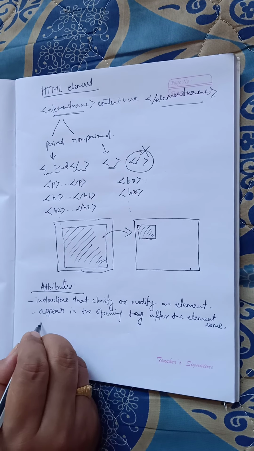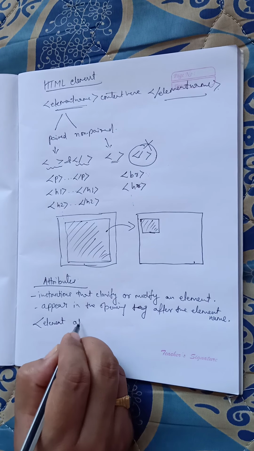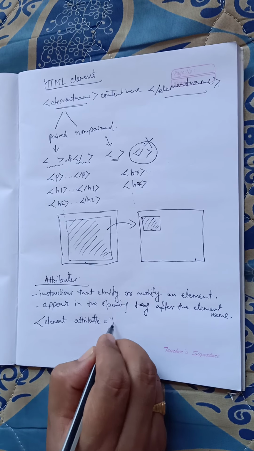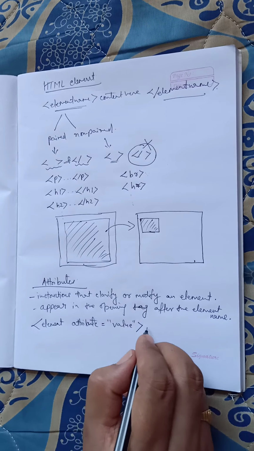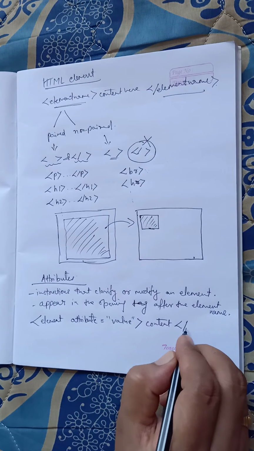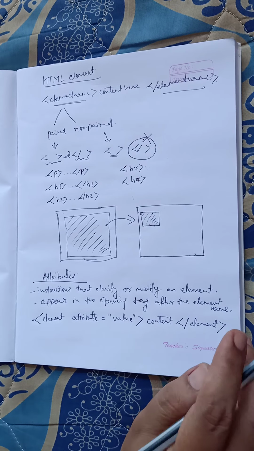The general syntax is, I'll write the element, then give a space, write the attribute, write its value, then my content, and then my closing tag.